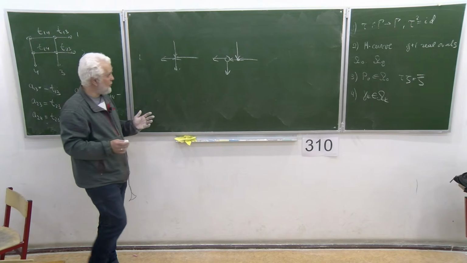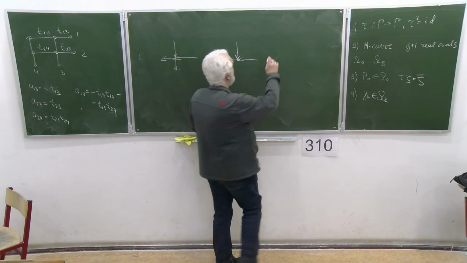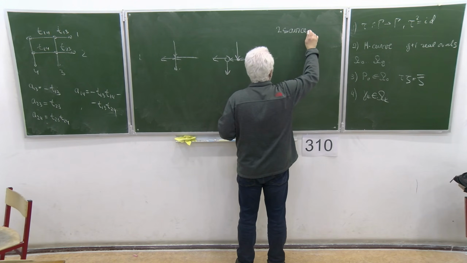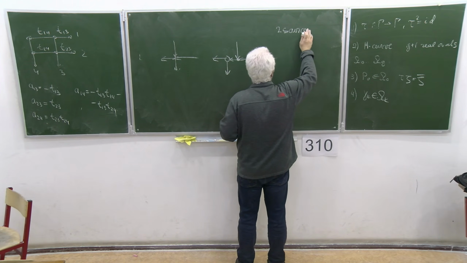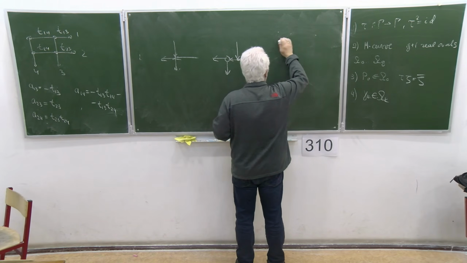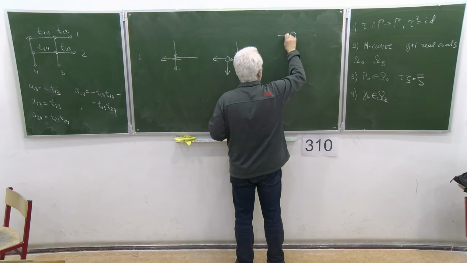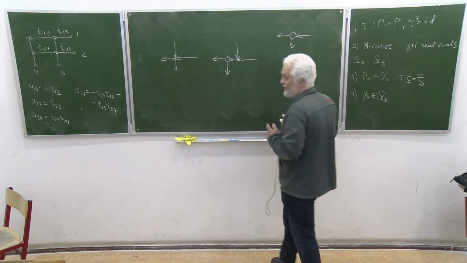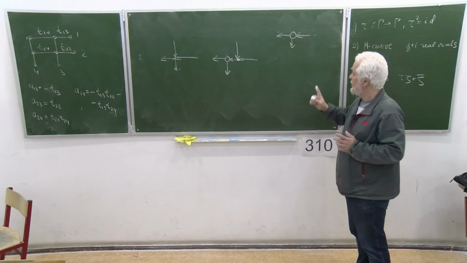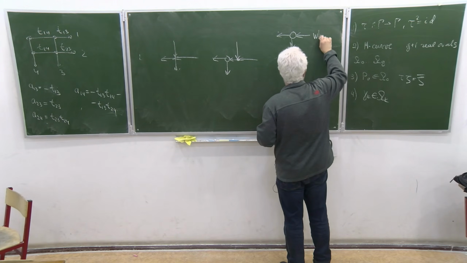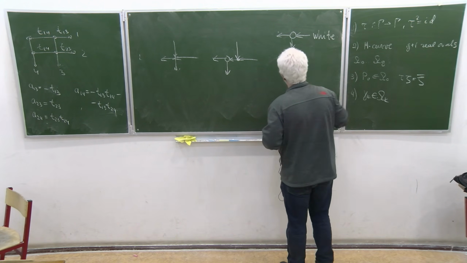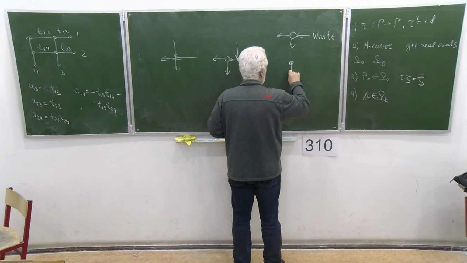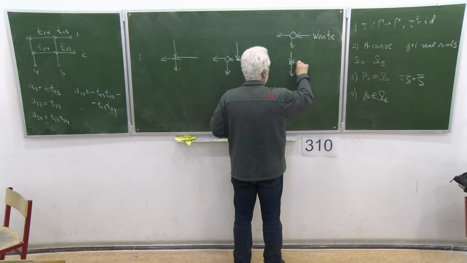And we have three-valent vertices of two types. First of all, we have such vertices: two outgoing, one incoming. It's called white. And another option, we have one outgoing and two incoming, black.